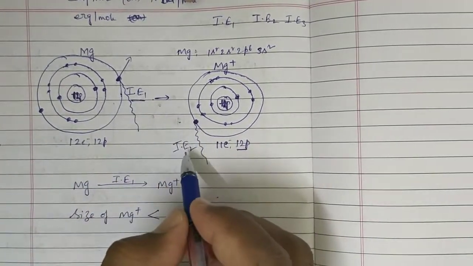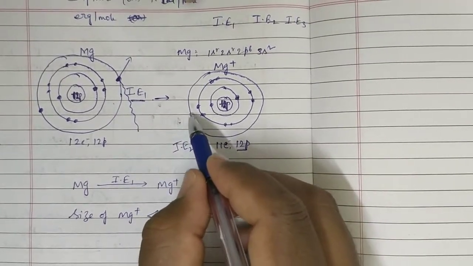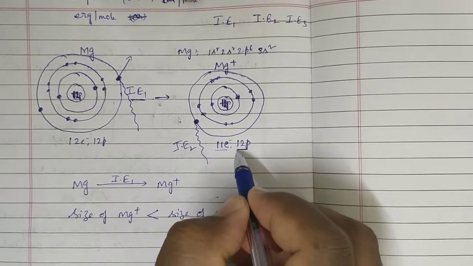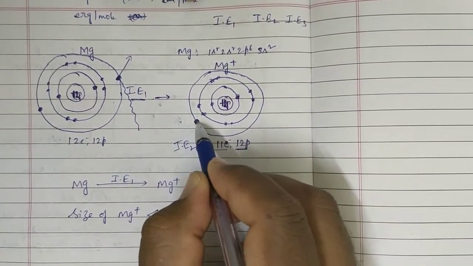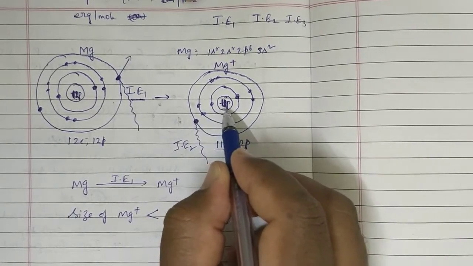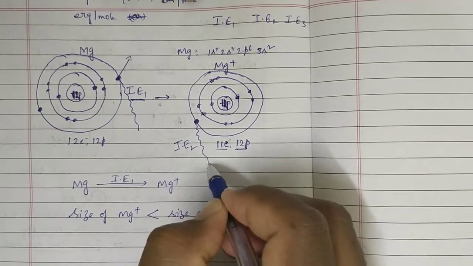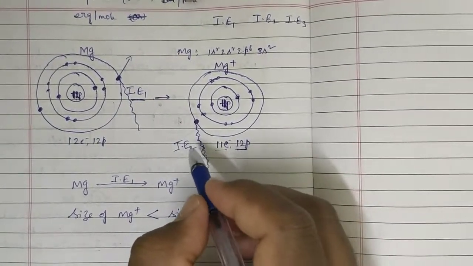But here we need high amount of energy to remove this electron because this is very strongly attracted by 12 protons, because 11 electrons are present with 12 protons. So this electron is also very strongly attracted by nucleus. Because of that, automatically when attraction increases, energy required to remove that electron is also increased. That is called IE2.